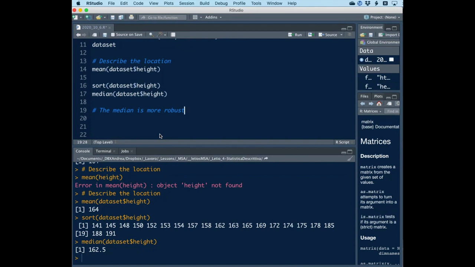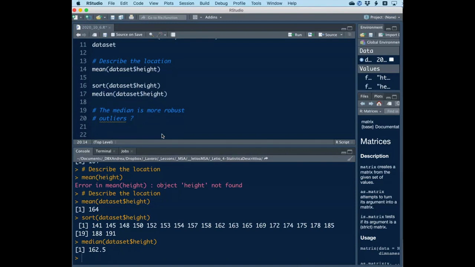What do we mean by using the word robust? I'm talking about outliers. Do you know what outliers are? Outliers are strange data. Strange in the sense that they are very high or very low compared to the data set.